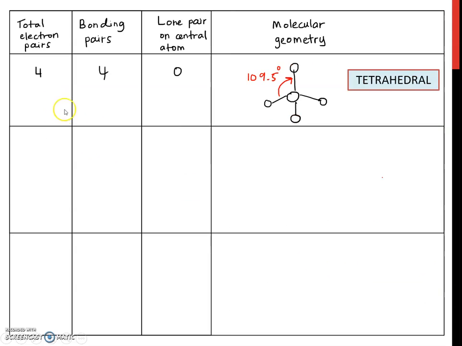Okay, so next type, under 4 electron pairs, if 3 bonding pairs and 1 lone pair on central atom. Okay, lone pair kita fokus pada central atom saja. Okay, so kalau 4 atom bonded to central, geometri adalah tetrahedral.